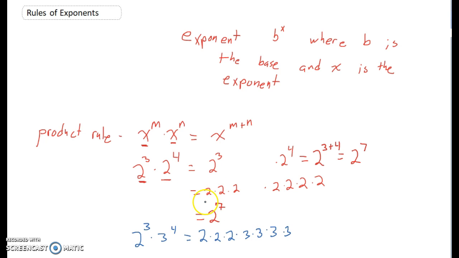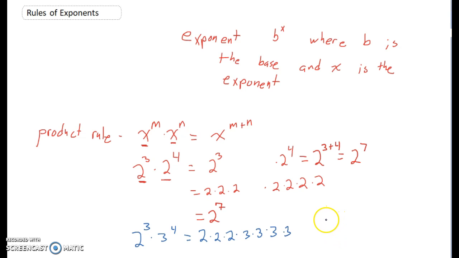And because of this, right, we can't just have a single base. We have different bases we're dealing with. So we can't rewrite this as 2 to the 7th or 3 to the 7th because we have different things going on here. And so that's an important concept.